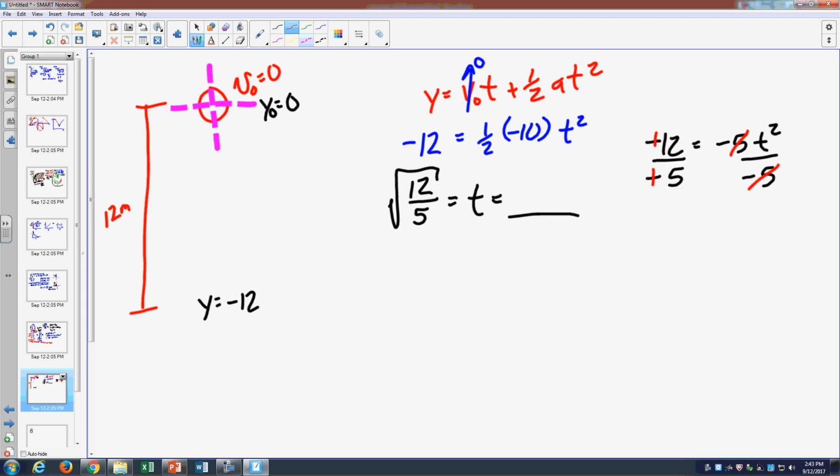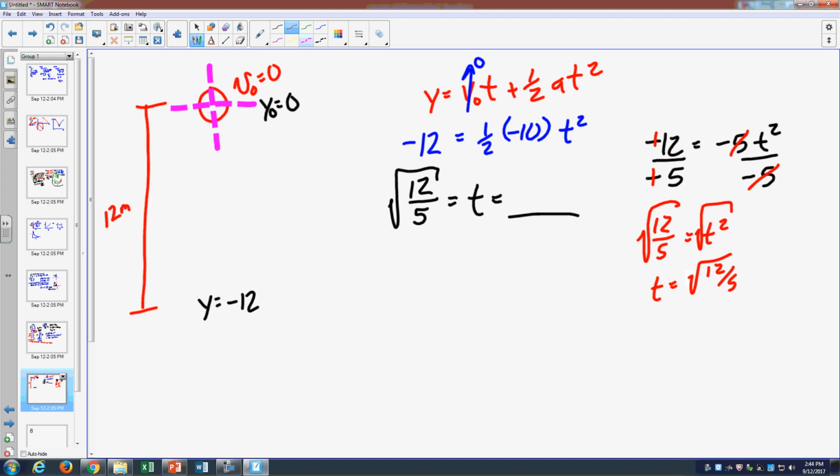And so I get 12 over 5 equals t squared. Then I square root both sides in order to get t is the root of 12 over 5. That's the easiest way. There are other ways, like cross multiplying, but anything you do to one side of the equation, you have to do to the other, and you want to isolate your variable to one side. Okay?